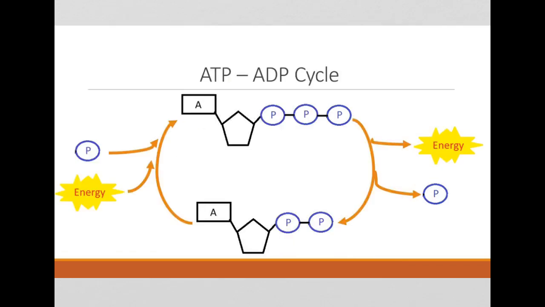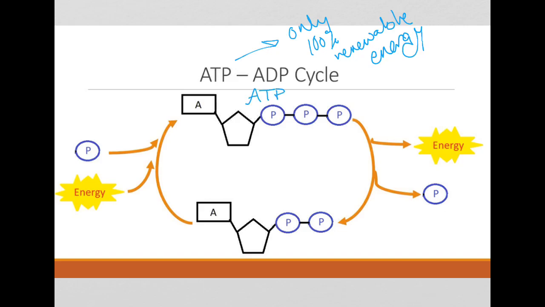And so we can have this cycle where this ATP is sort of the only 100% renewable energy that you might see, okay? So we start with ATP, and on the right here we end up using energy, right? So you can use the energy.